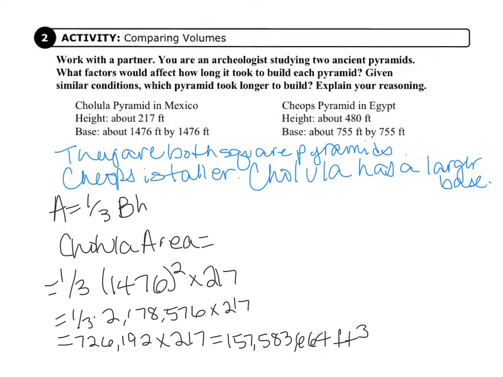Now we need to figure out the volume of the Cheops pyramid, so we can compare the two. So we're going to do the same thing. The Cheops volume is 1/3 capital B, which is the 755 times 755, so it's 755 squared times 480.